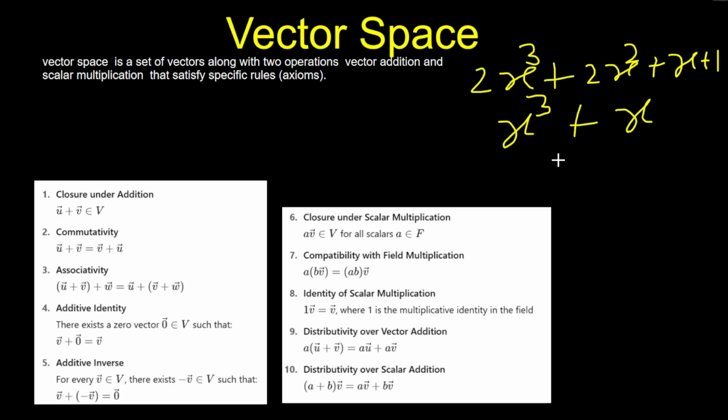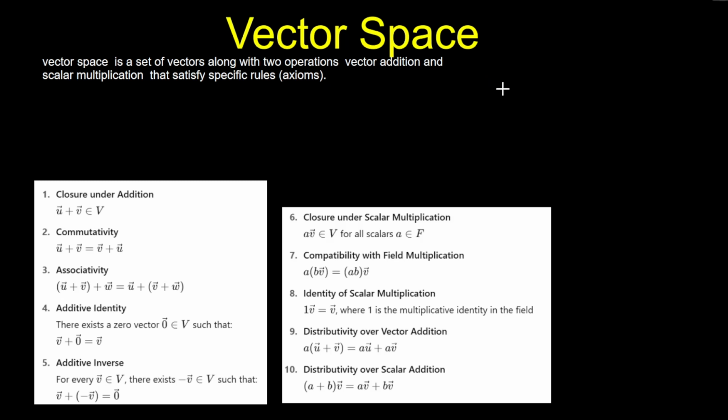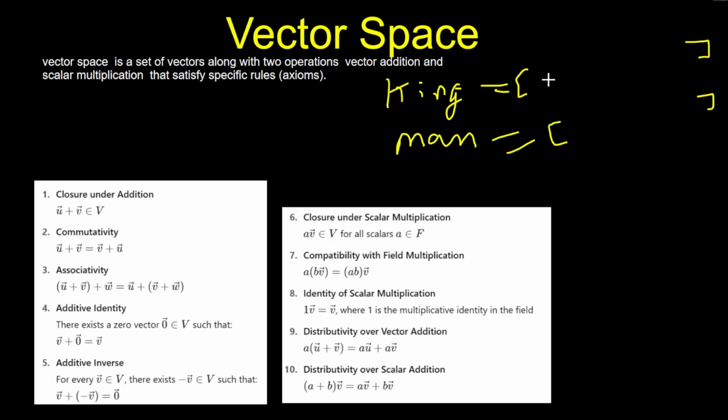So let's look at another example in NLP, in ChatGPT, and in these AI models. We're going to be using something called vector embeddings. So vector embeddings are nothing but numerical representations of natural language words. So let's say we have this word king, and we have a word man, and these can be represented by a set of numbers so that the machines can understand the semantic meaning of these words.